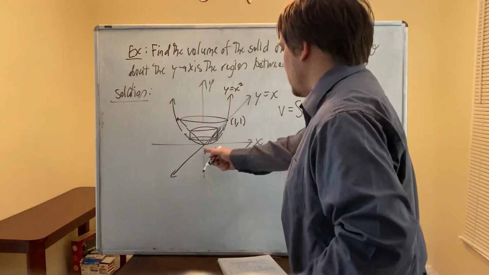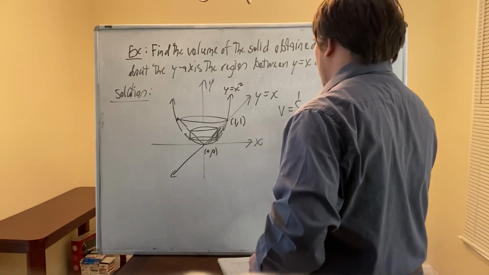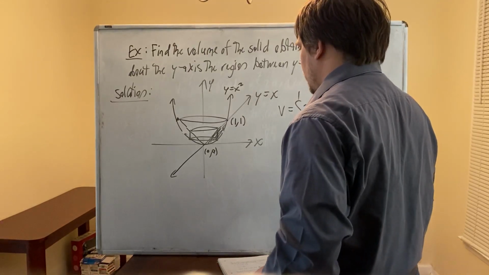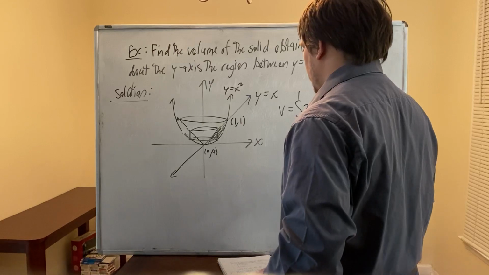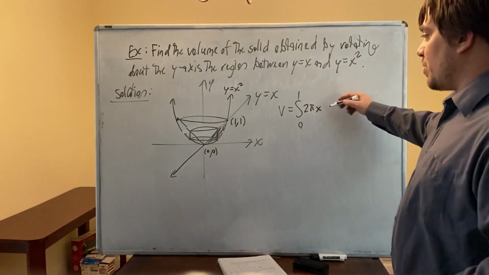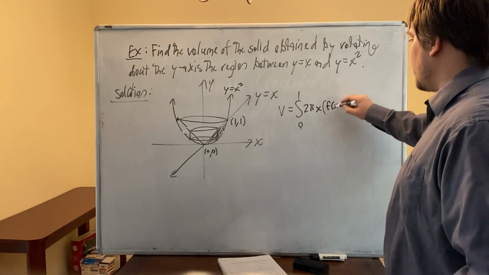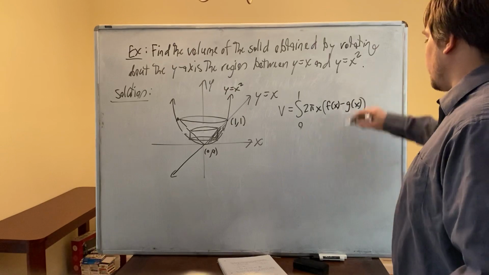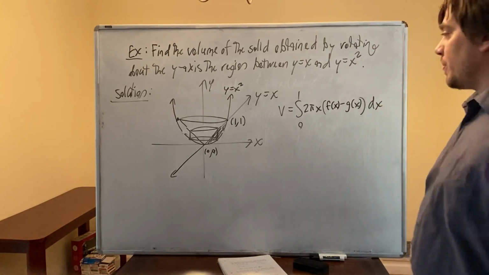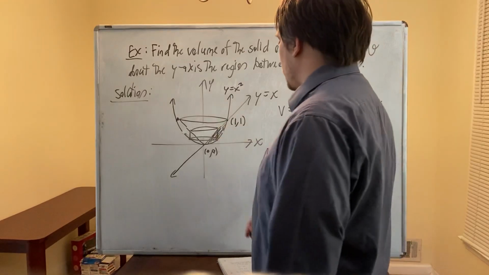So the volume is defined from 0 to 1, 2 pi x, but now here, instead of f of x, it's going to be the difference of two functions. So I'm going to call it f of x minus g of x dx, where f of x is the upper function and g of x is the lower function.